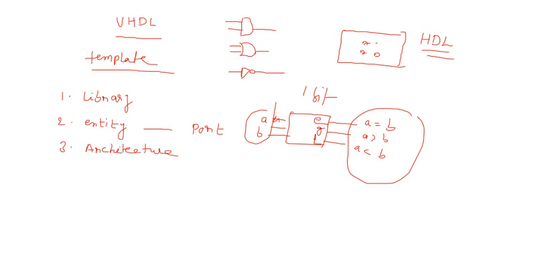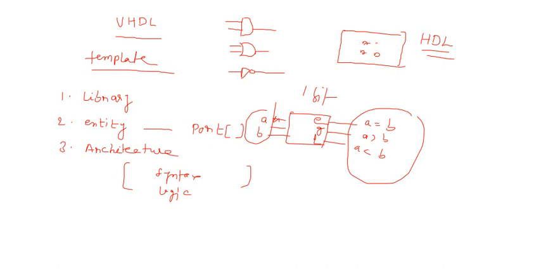Like this, we define a standard structure for the port list in the entity block. In the architecture block, whatever logic we are going to implement, that part we have to write down in the architecture.